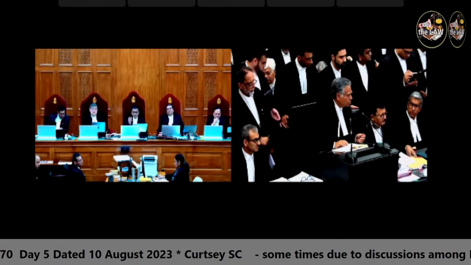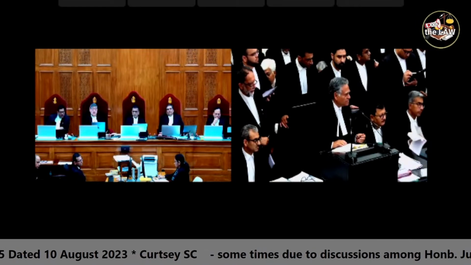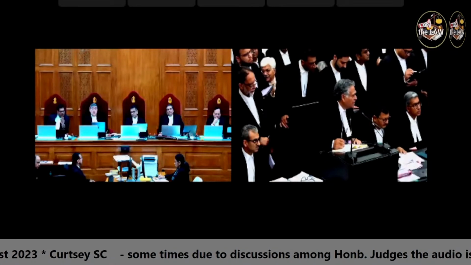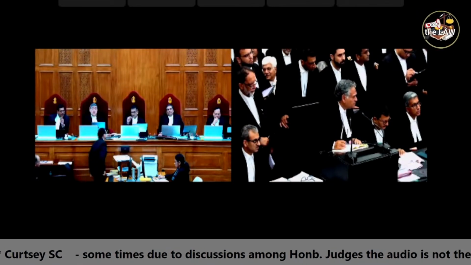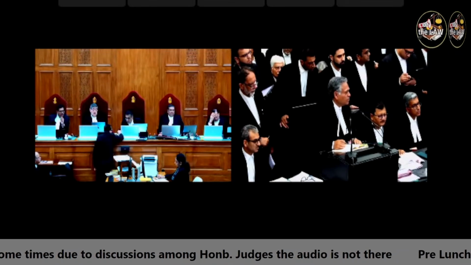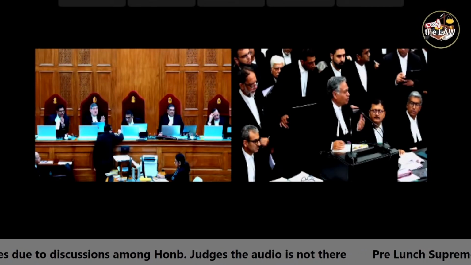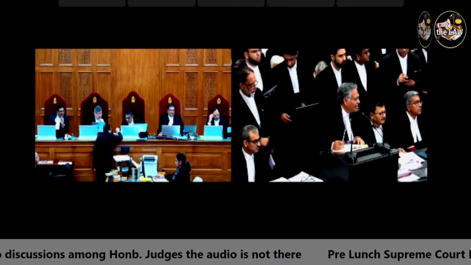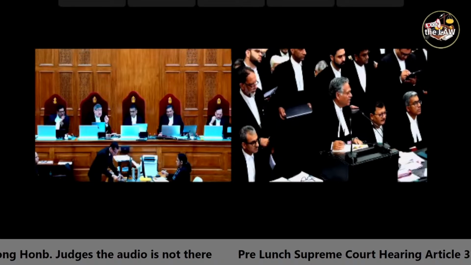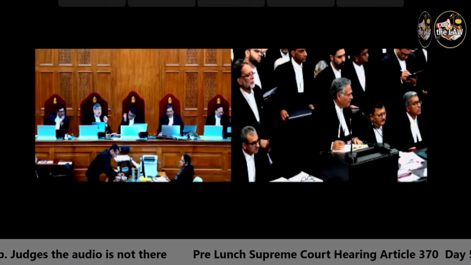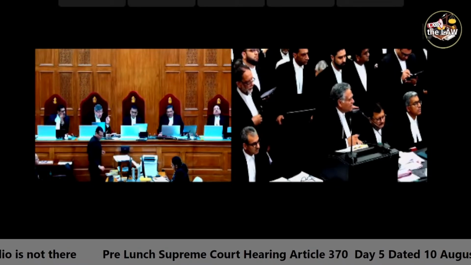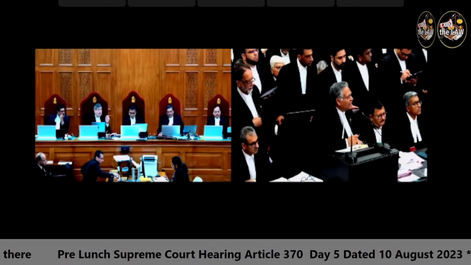That the framers of the constitution themselves at that stage conceptualized that one day the provisions of Article 370 would be de-operationalized, to use your phrase, by a process envisaged in sub-clause 3 in a given situation. Yes.